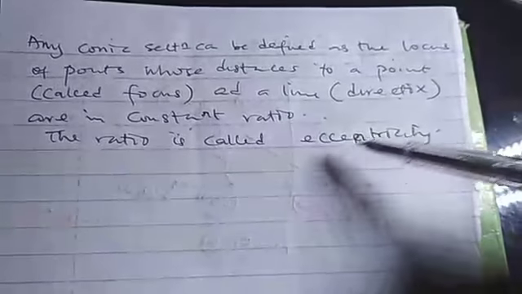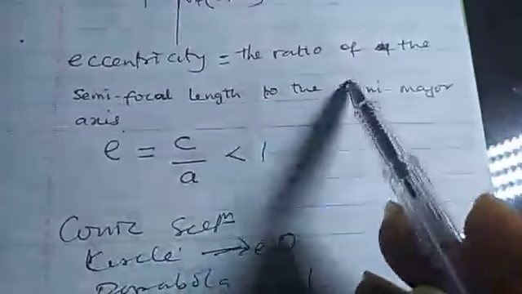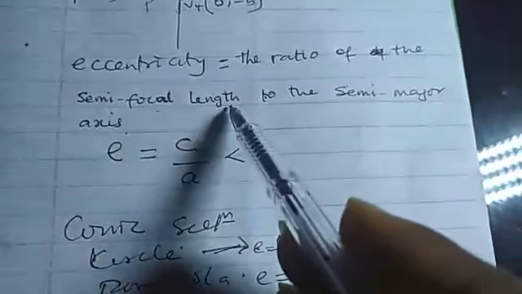That ratio is called the eccentricity. So the eccentricity of the ellipse is less than 1, defined as the ratio of the semi-focal length to the semi-major axis, which is c over a.